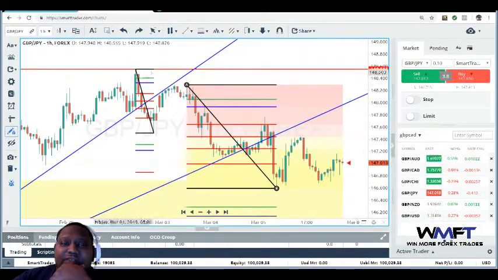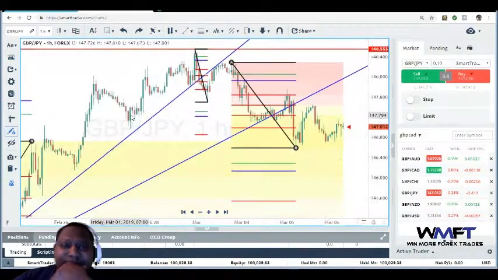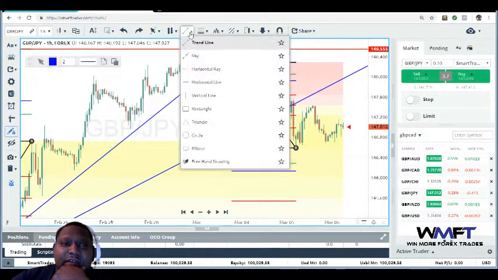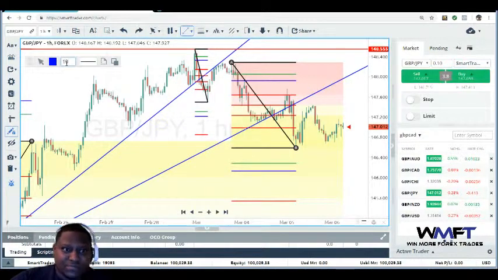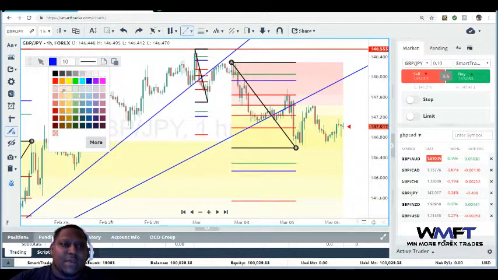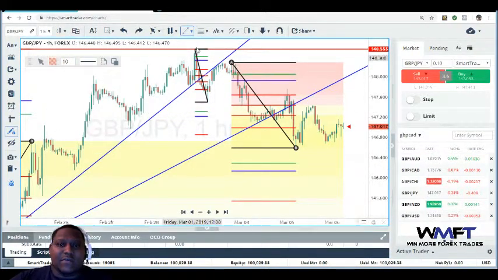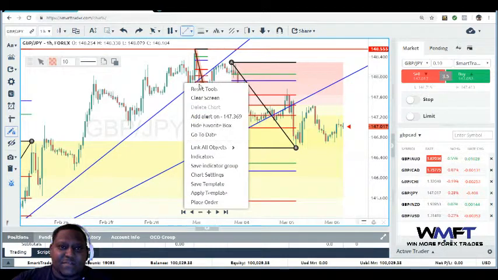Once it hit that 1618 D extension and broke the trend line, the market did exactly what we look for it to do. You can see right here where the market hit the 1618 D extension. The market broke.